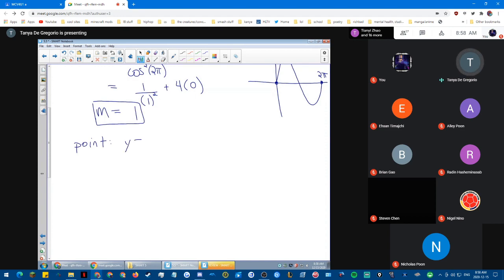So y equals, what's the expression? They said at 2 pi, so tan of 2 pi minus 4 times cos of 2 pi. Okay. Tan of 2 pi. Who remembers what tan looks like?